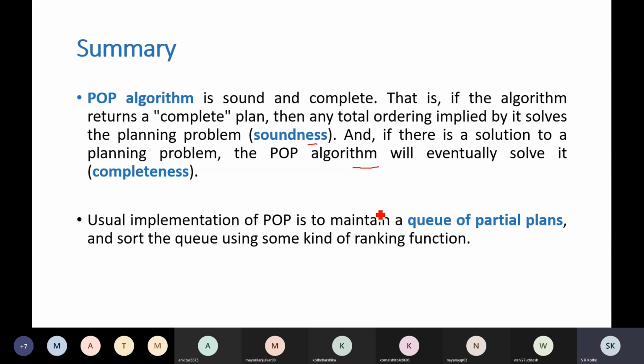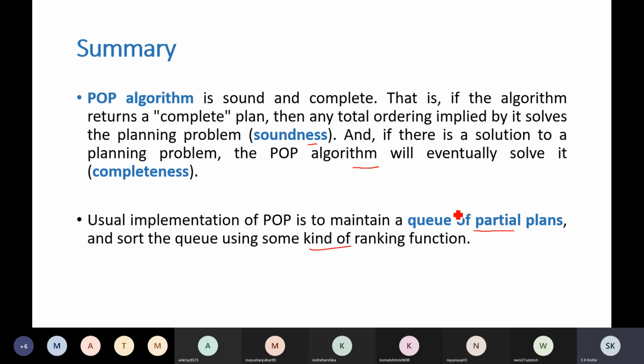Whenever you are going to write a program, the usual implementation of this maintains a queue of partial plans and sorts these queues using some kind of ranking function. And accordingly, the efficient plan is generated. Okay. Now you might have realized that whatever we have discussed in the course of AI, all those concepts are used in the real world, specifically in problems like robot navigation or how robots are programmed.